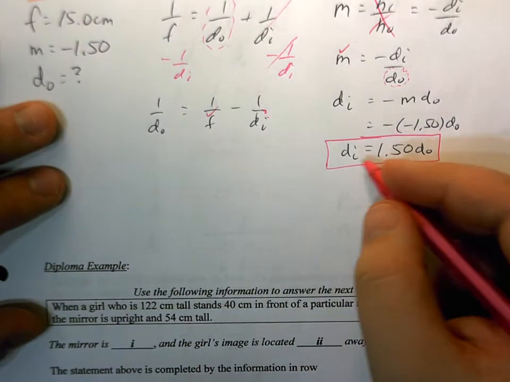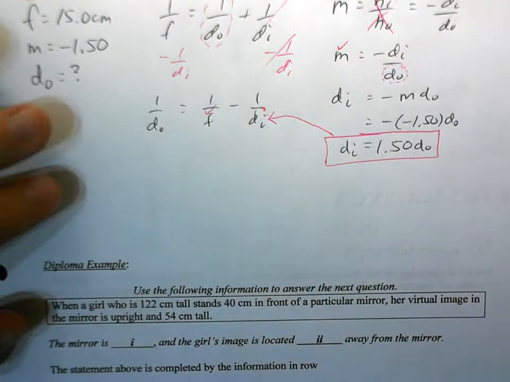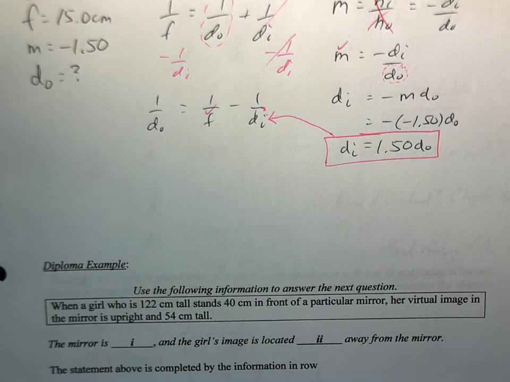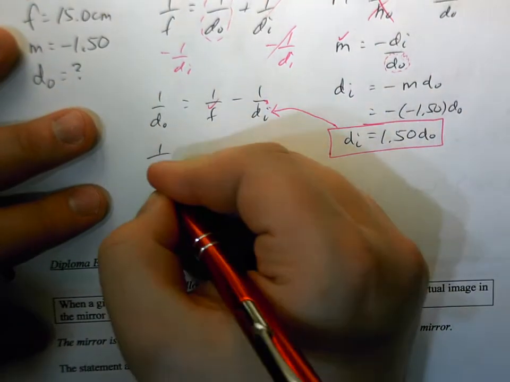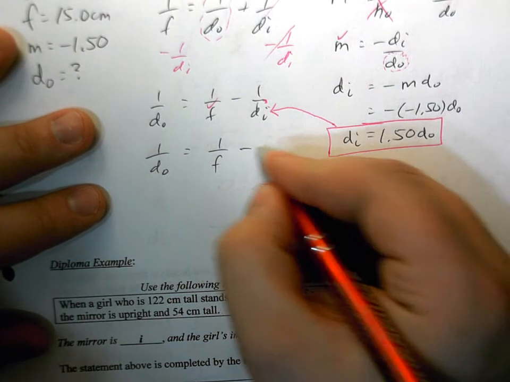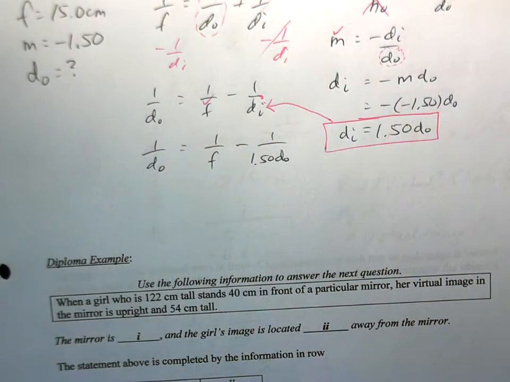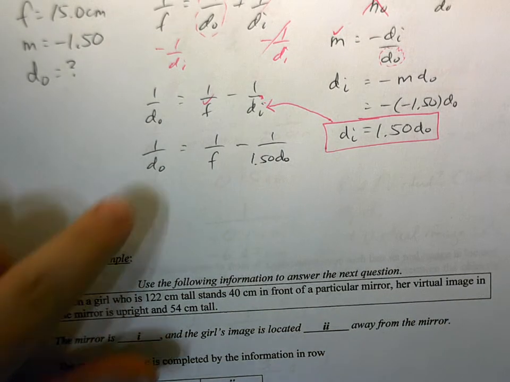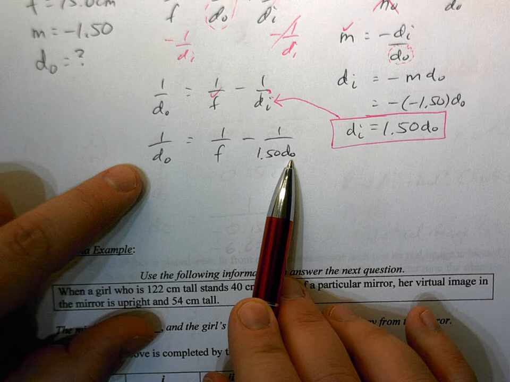What we can do is take this and put it in the equation here. Now I've kind of gone ahead of myself. I probably shouldn't have rearranged this so hastily, but it is what it is. So I have 1 over DO equals 1 over F minus 1 over 1.50 DO. Well, I have DO on this side and DO on this side, so I'm actually going to undo my mistake.